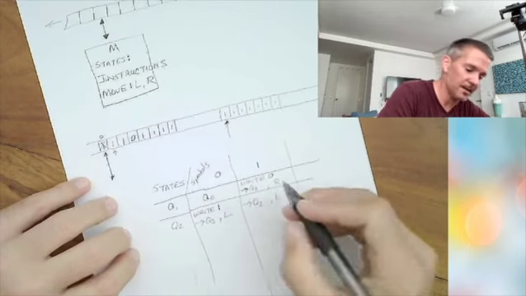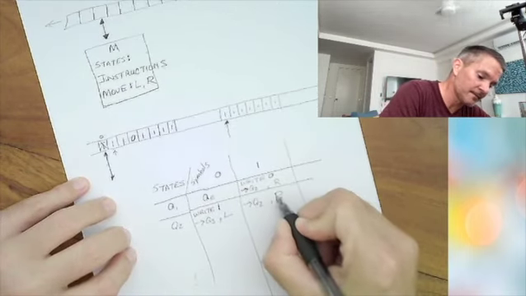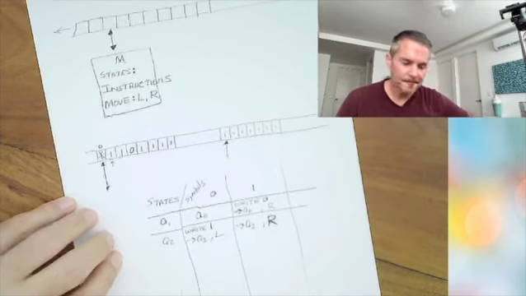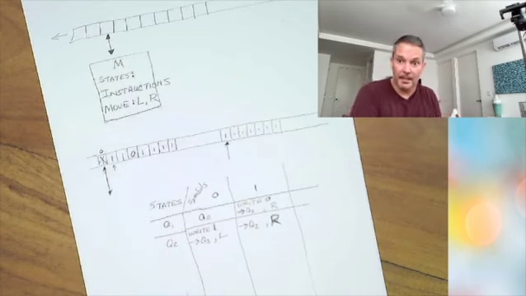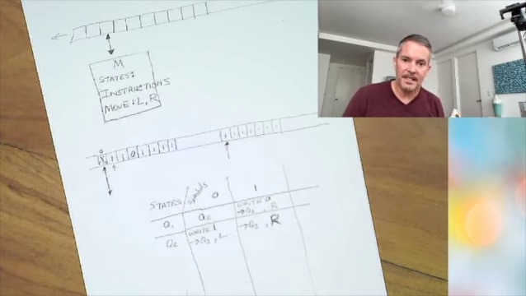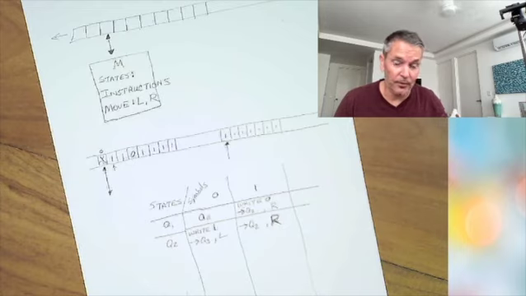Let me correct myself. I'm going to move right. So as long as I keep seeing 1s, I'm going to keep moving the head to the right. But as soon as I see a 0, I'm going to move to a new state called Q3, and I'm going to move back left.